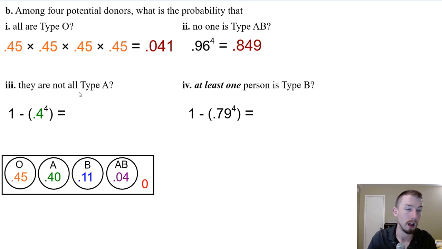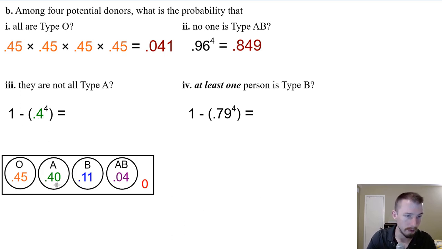All right, they're not all type A. So if they're not all type A, the only way that cannot happen is if they are all type A. So basically we're finding at least one of them is not type A, is really how that question could have been worded. And if we're doing at least one, the easiest way to do it is to find the complement. So we're going to find the probability that they are all type A and then subtract that from 1.